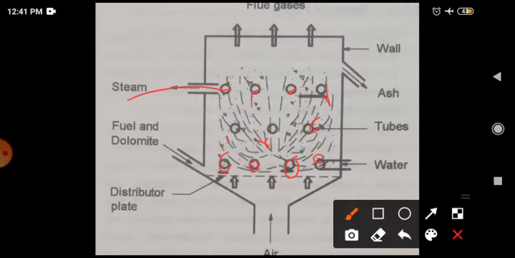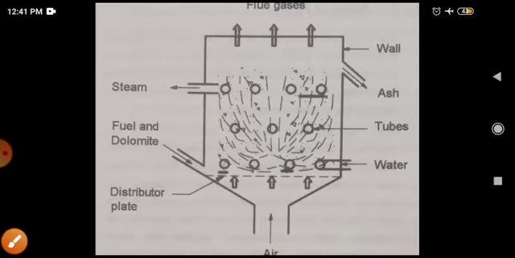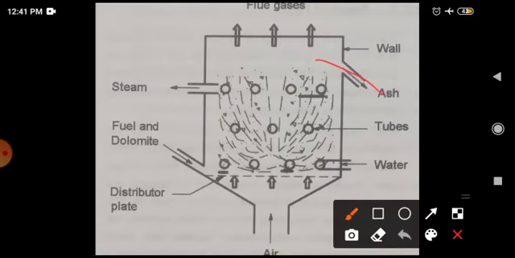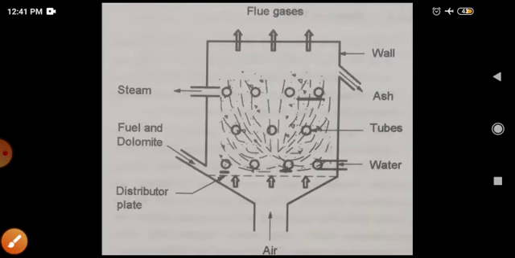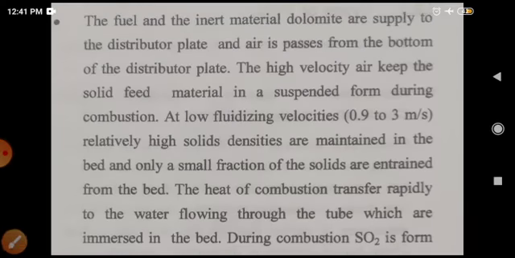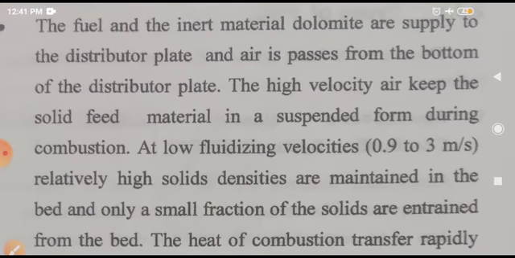These fluidized bed combustors are generally only for water tube boilers. That means water is flowing in the tube. Then ash disposal is easy. You can see ash is coming out here and flue gases are going out there. Now next, the fuel and inert material dolomite are supplied to the distributor plate and air is passed through the bottom.